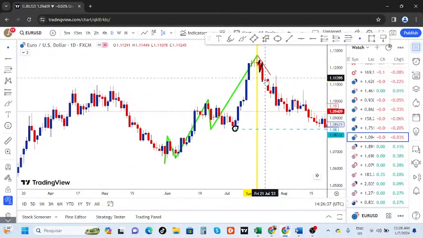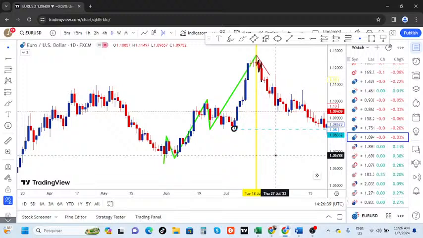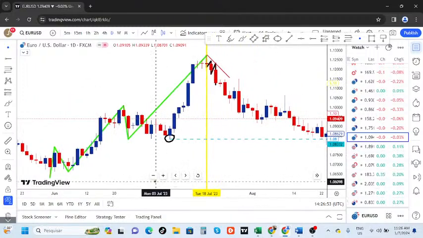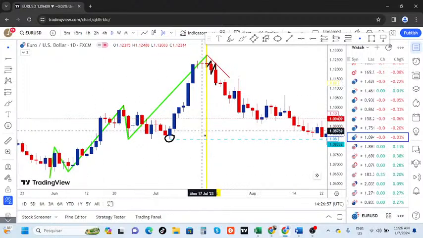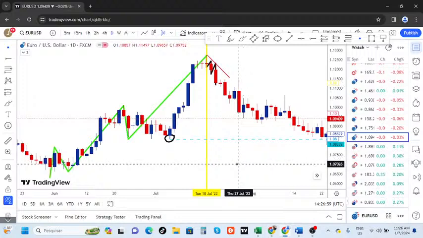So why are we going to be selling the market on the daily? The daily time frame controls the 4 hours, 2 hours, 1 hour, and the rest of the smaller time frames. Let's not forget, the higher time frame controls price action and price movement on the smaller time frame. So why are we going to be wasting our time shorting the market on the smaller time frame when the higher time frame is moving to the upside?